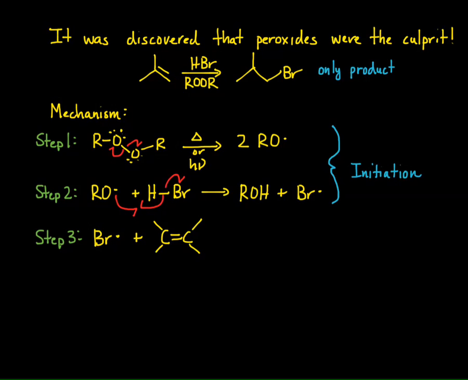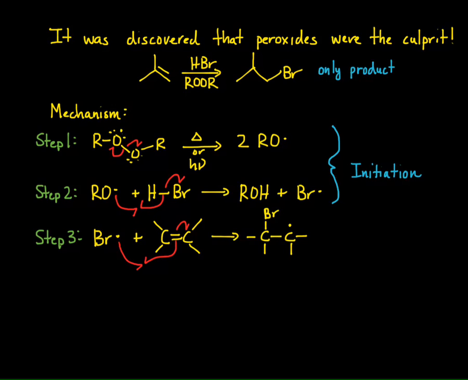And that pi bond of the alkene is much weaker than an alkane sigma bond. And so that pi bond can dissociate, and we get a formation of a carbon-bromine bond, and then that second electron goes to one of the carbons. So we're creating a carbon-bromine bond on one carbon, and the other carbon becomes a radical. And the result looks like this.